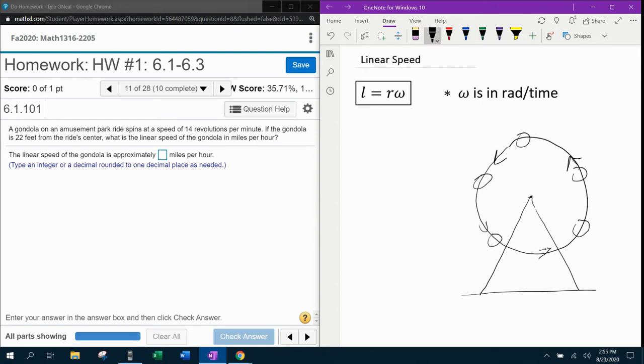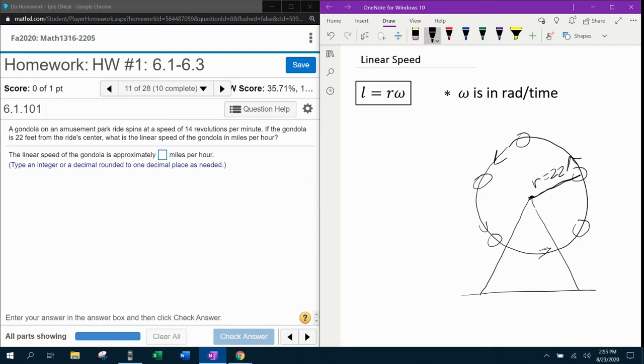Maybe it's going counterclockwise and they're spinning around and they happen to be 22 feet from the ride's center. So from the center out to the gondola, notice that this is a circle, so that's going to be a radius of 22 feet. So we know at least that much.